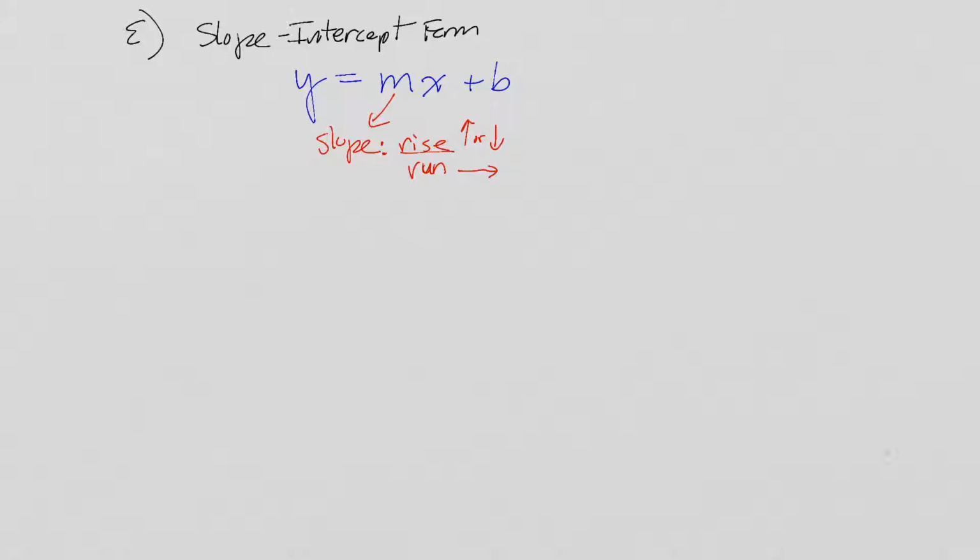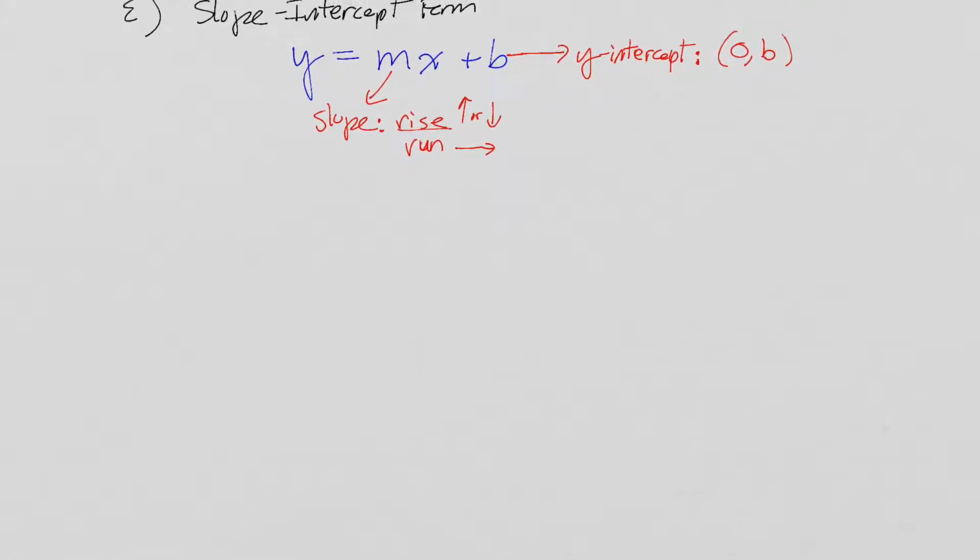And then this guy, he is our y-intercept. We already know x is 0, but this time y is a letter b, and it comes from the equation y equals mx plus b.